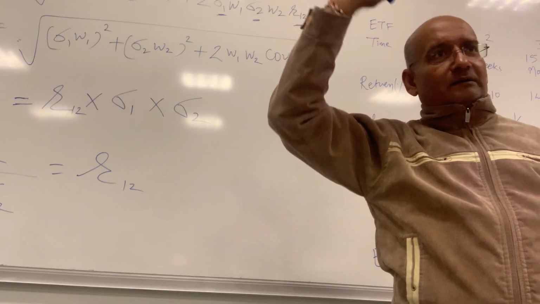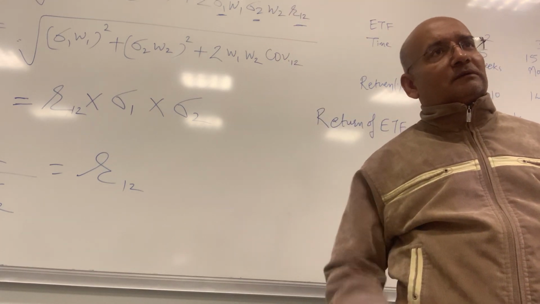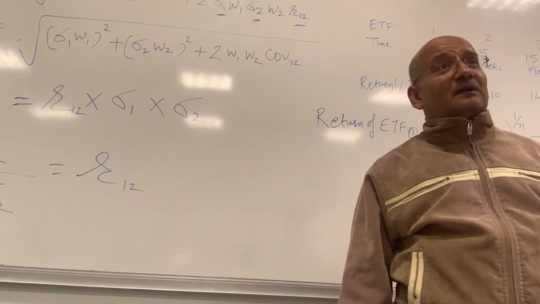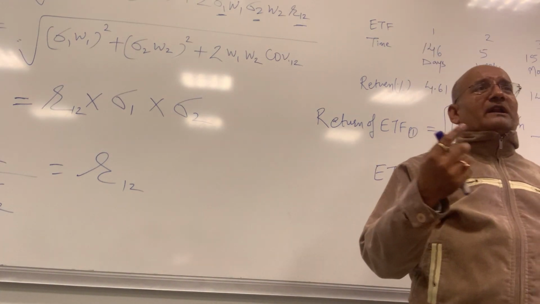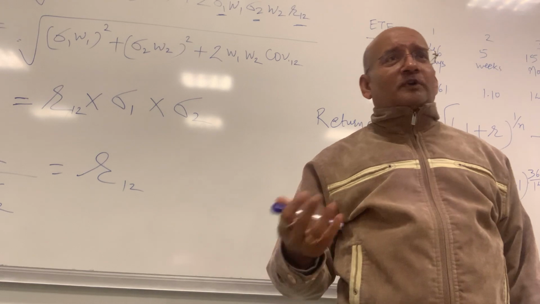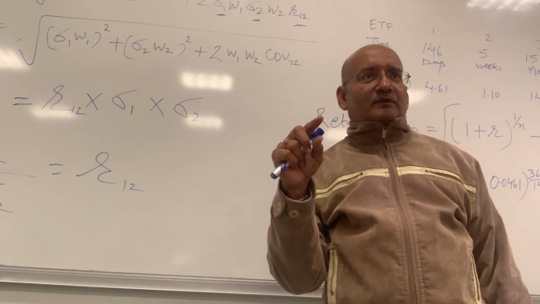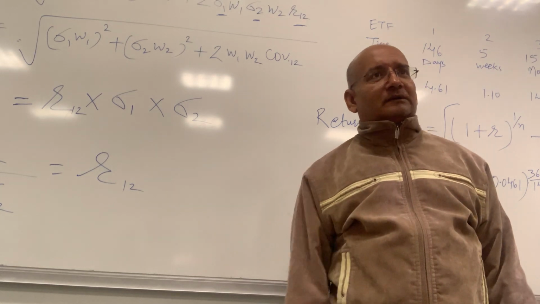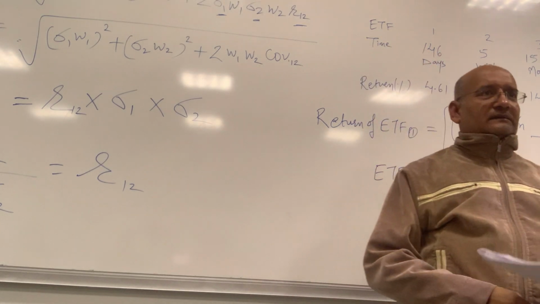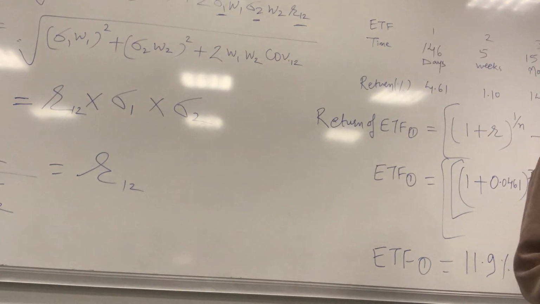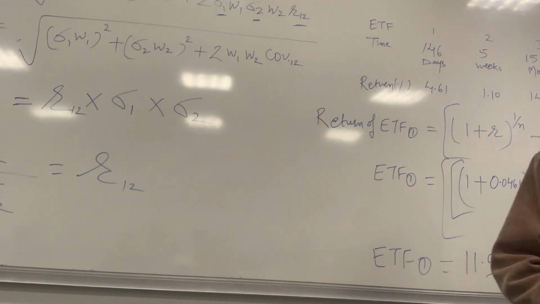If in the course we have 10 stocks and we need to calculate it for 10, you can make one formula only in the Excel sheet and just put the data, and you will find the answer. Only one time exercise, you have to make the formula in Excel sheet. No need to do again manually for n number of securities.